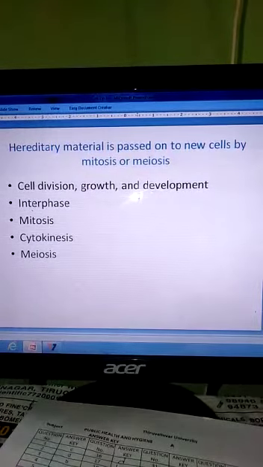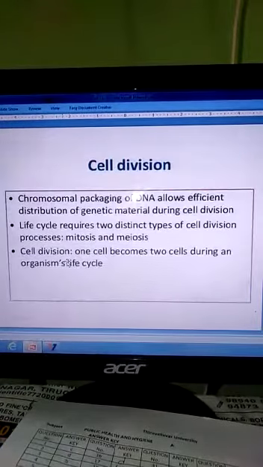Hereditary material is passed on to new cells by mitosis or meiosis. Cell division, growth and development, then interphase, mitosis, cytokinesis, and meiosis. Okay. Next one, cell division.